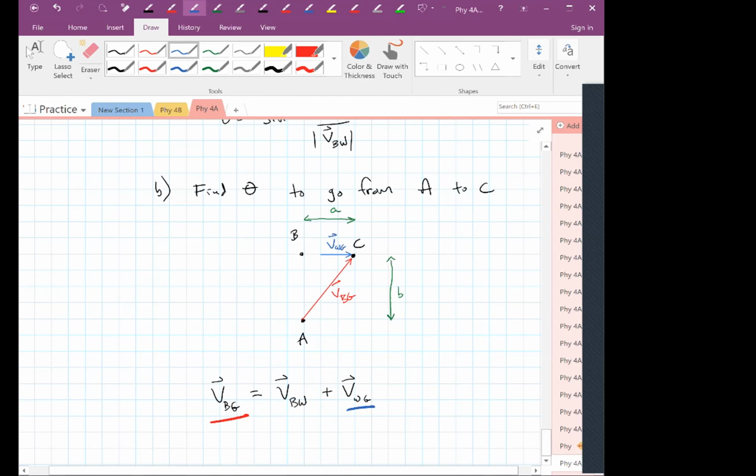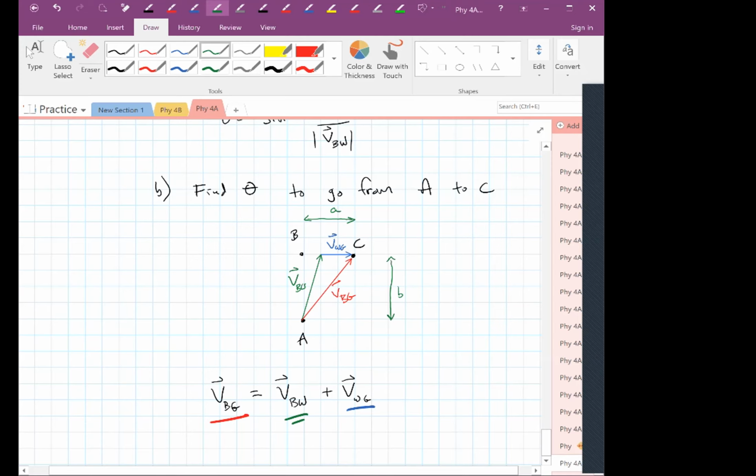And so that means the boat has to point itself in this direction, right? Because the boat to the water plus the water to the ground has to equal this red vector of the boat with respect to the ground.